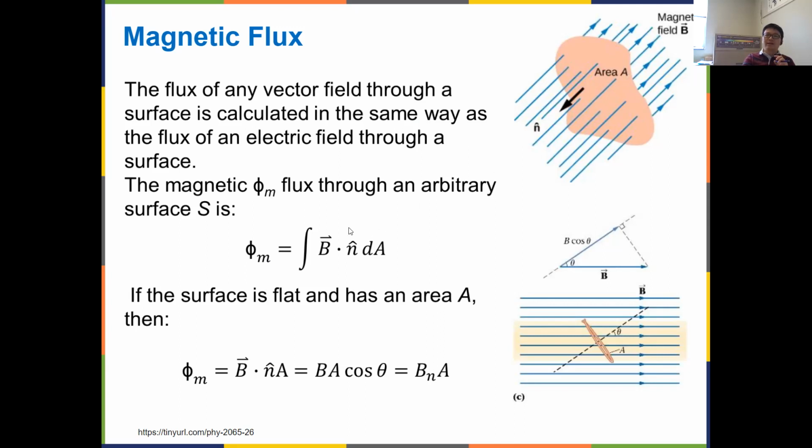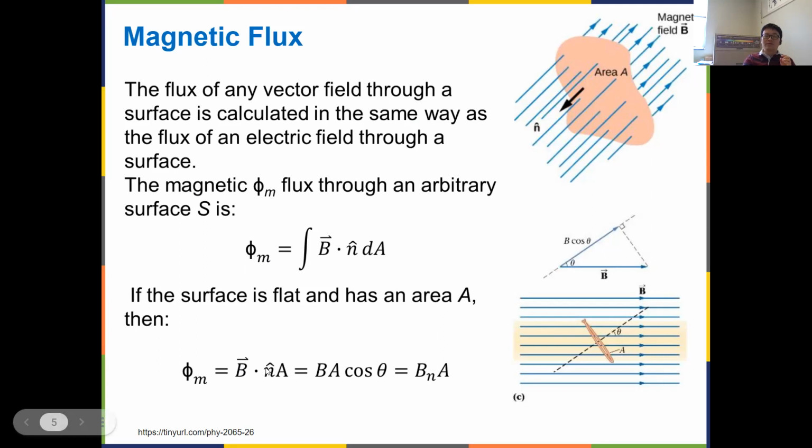Like in the electric flux case, where you take E times the area vector, a dot product of the two vectors, here if you have just a constant B field, you'll just do B dot n-hat times the area, where n-hat is the unit vector in the normal direction of the area.